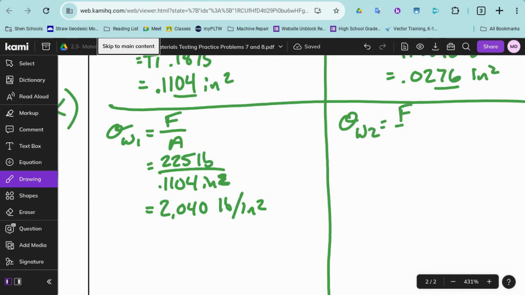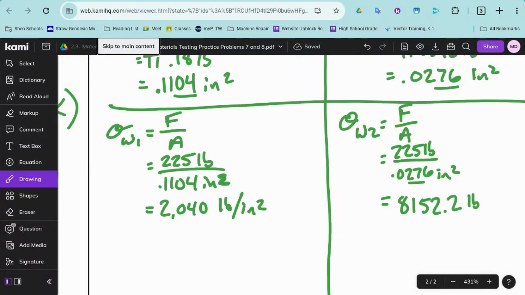Stress equals force divided by area. And our force is the same, 225 pounds. We're just dividing by the different surface area, which comes out to 0.0276, and that's actually longer than that. And when we crunch those numbers, our stress for wire 2 comes out to 8,152.2 pounds per square inch.